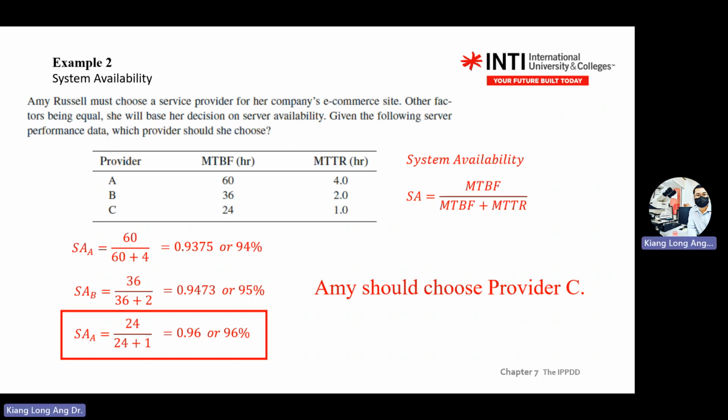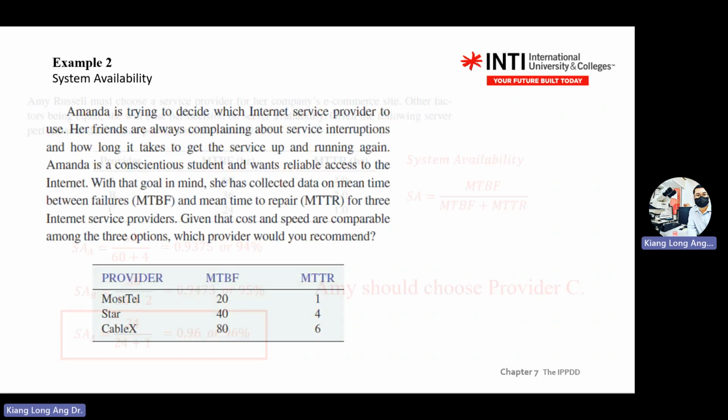It means the system is available for you to use 96% of the time. This takes into account the break time, the failure times, and also the ease of repair. Because once it breaks down, you need to repair it, so you consider this component.